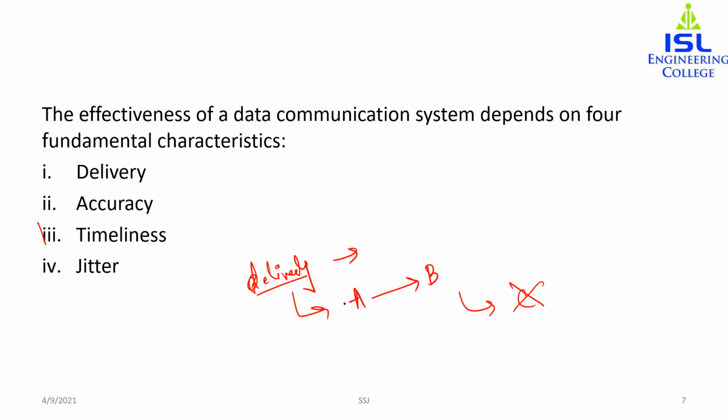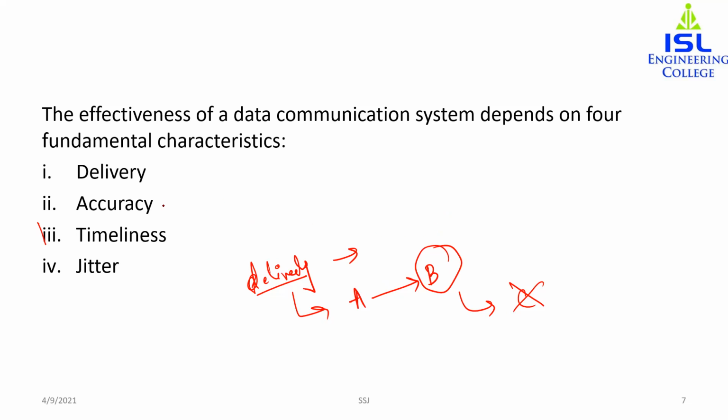So the delivery should be done to the correct destination. If you want to deliver it from A to B, then it should reach B only. It should not reach some other destination.